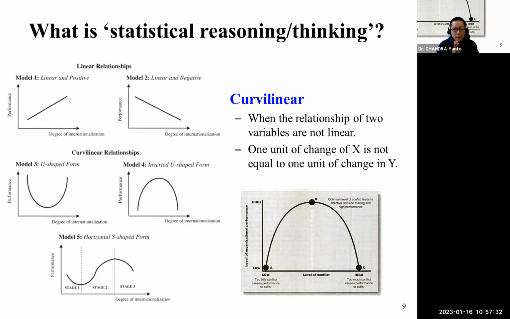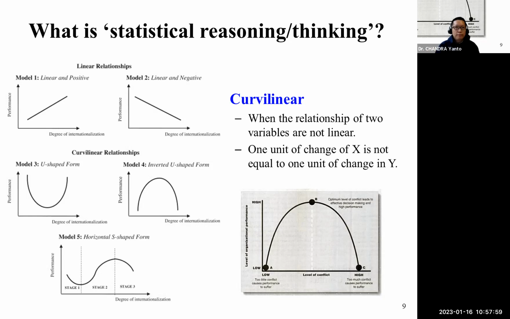When the independent variable goes up, the dependent variable also goes up. When they both go up together, this is called positive. When this goes down and the outcome also goes down, this is called a negative relationship. So the change of 1 unit of X is equal to the change of 1 unit in Y, and this is called a linear relationship, right?